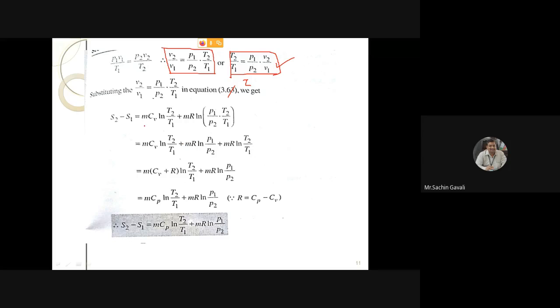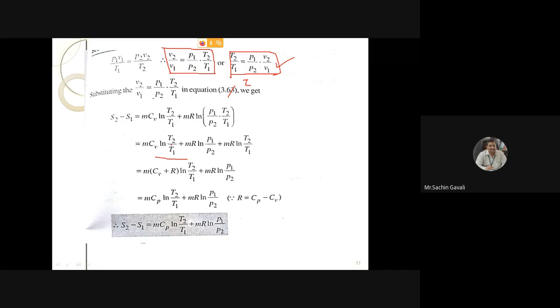Now we can simplify it: mCv ln of T2 upon T1 plus mR ln of P1 upon P2 plus mR ln of T2 upon T1. The ln T2 upon T1 terms we can take together, so it becomes m into bracket Cv plus R into ln of T2 upon T1.